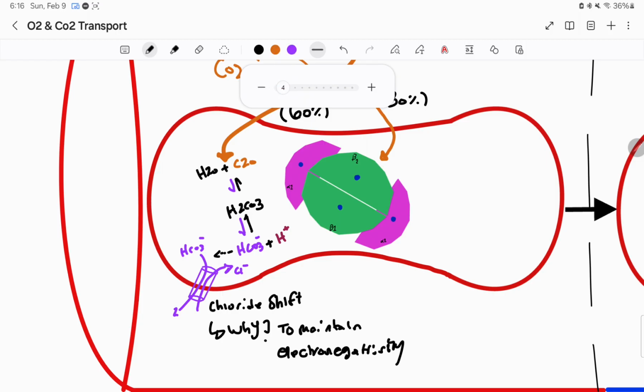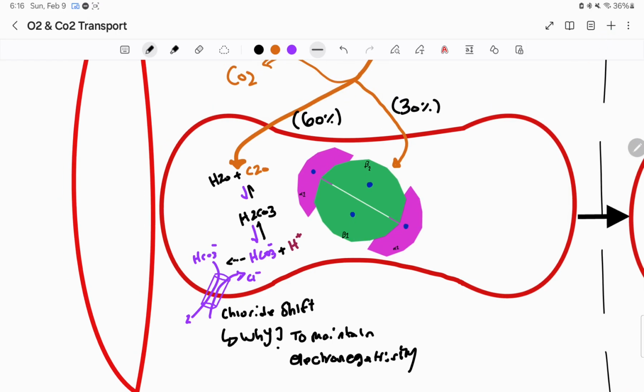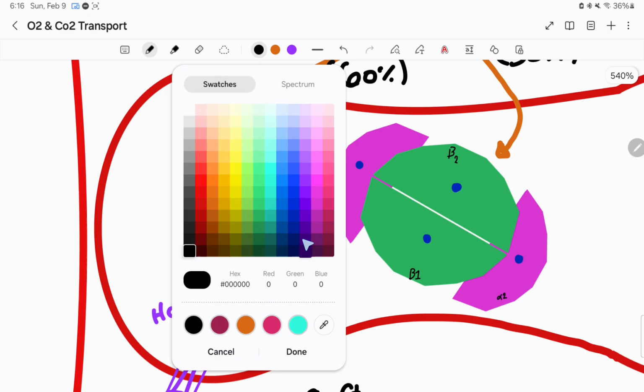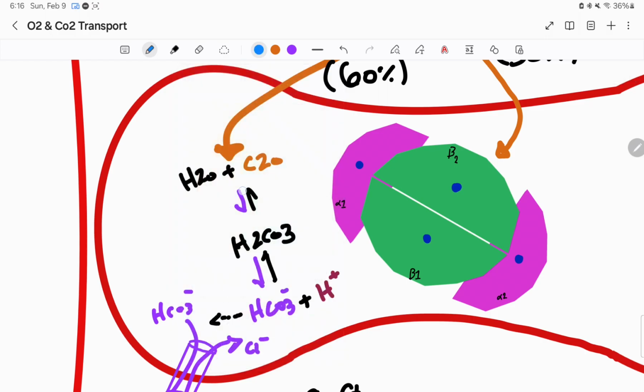Okay, awesome. Now, another thing. You know this reaction right here? It can occur naturally, but why let something occur naturally when you can speed it up? Inside of this red blood cell, there is a special enzyme called carbonic anhydrase.